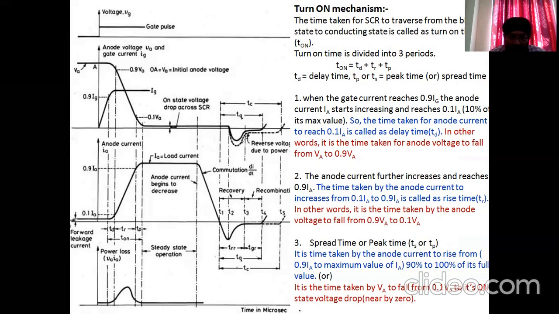So the time taken by the anode current to rise from 0 to 10% is called delay time. Similarly, the time taken by the gate signal to rise from 90% to 100% is called delay time. Now, rise time. Rise time is the time taken by the anode current to rise from 10% of the anode current to 90% of the anode current.